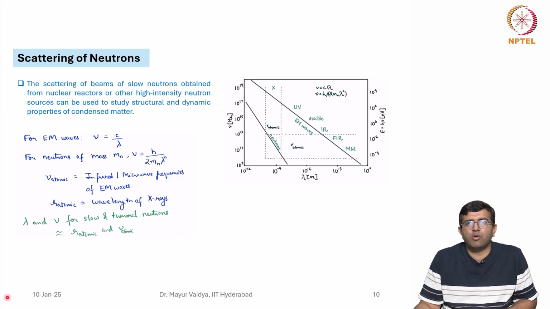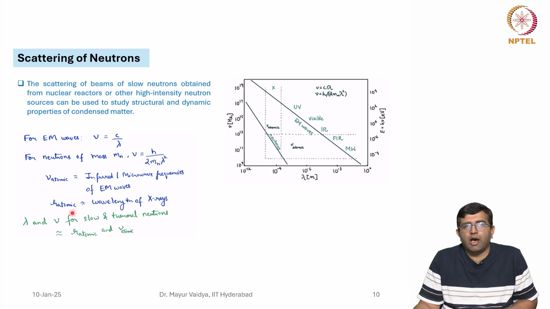The unique thing about neutrons is, if you see this schematic graph for the frequency and the wavelength for different types of EM waves, for EM waves we know that nu is equal to c by lambda. For neutrons, nu will be equal to h by 2m lambda square, where m is the mass of the neutron. Now, the atomic frequencies usually are equal to the infrared or microwave frequencies of electromagnetic waves.